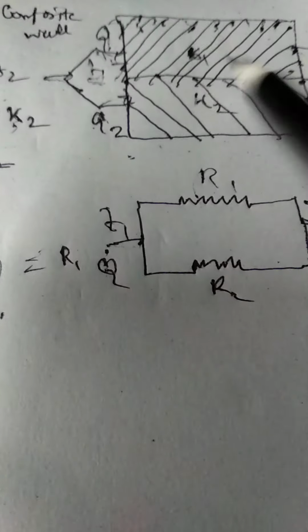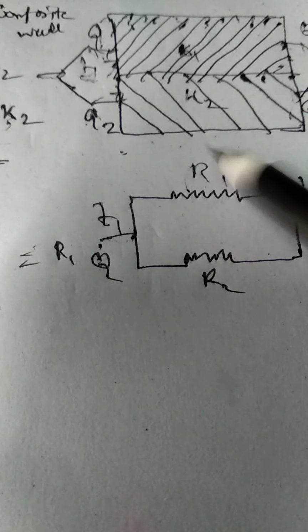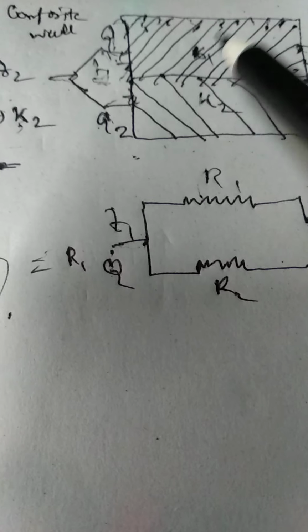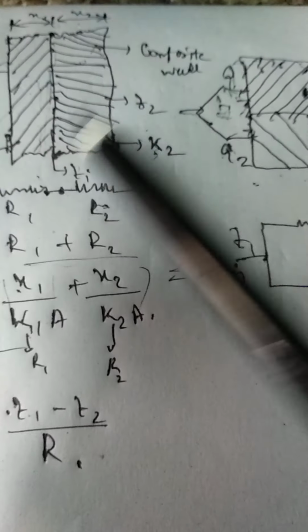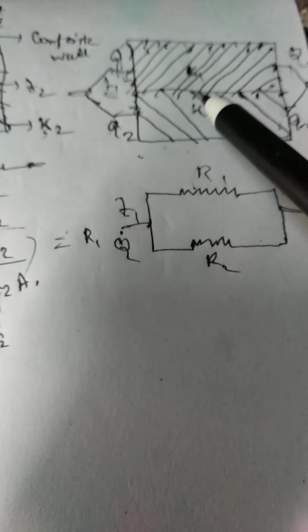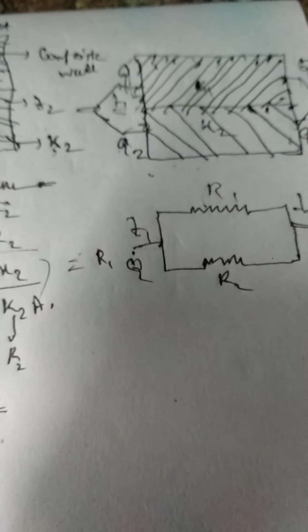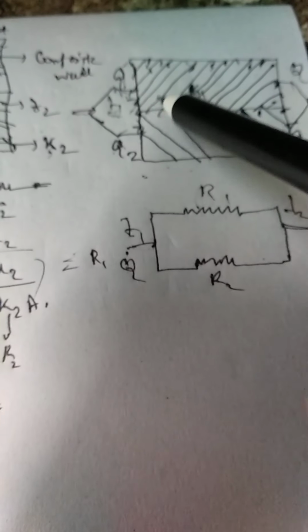Now in another case we consider these two walls connected in parallel, similar to the two walls that were connected in series earlier. If they are connected in this way, the heat will be flowing in this direction.